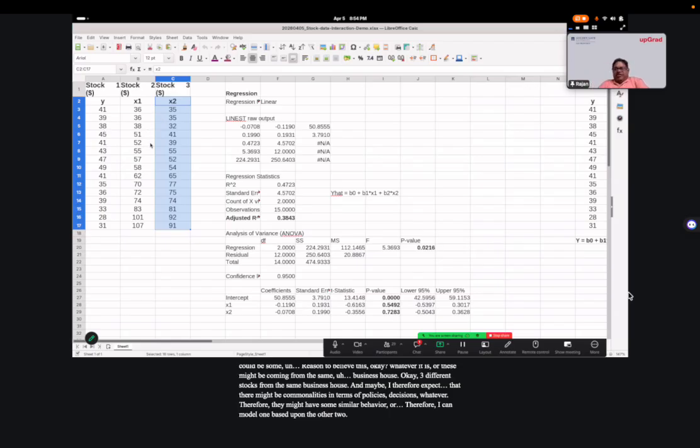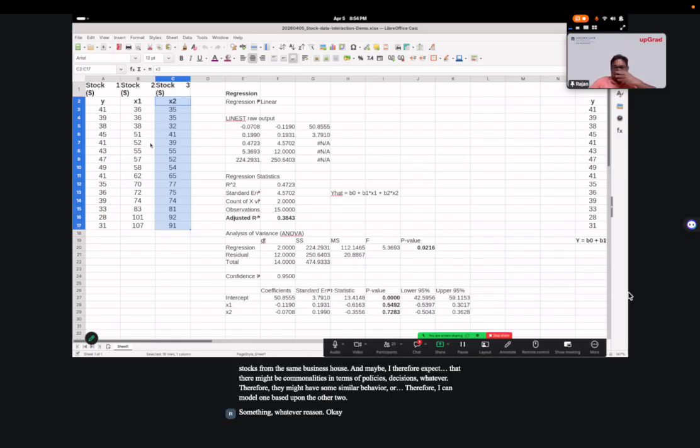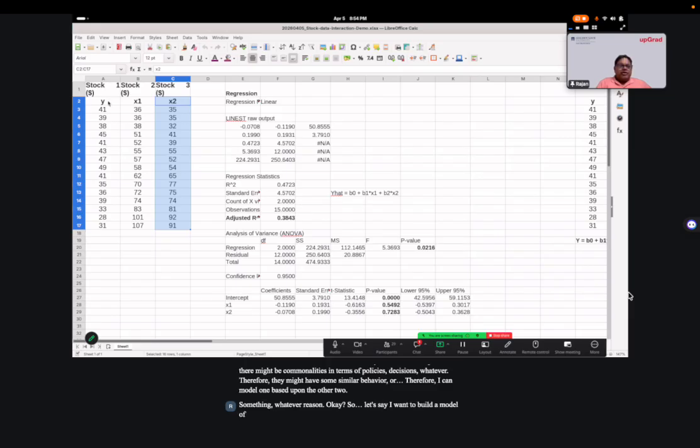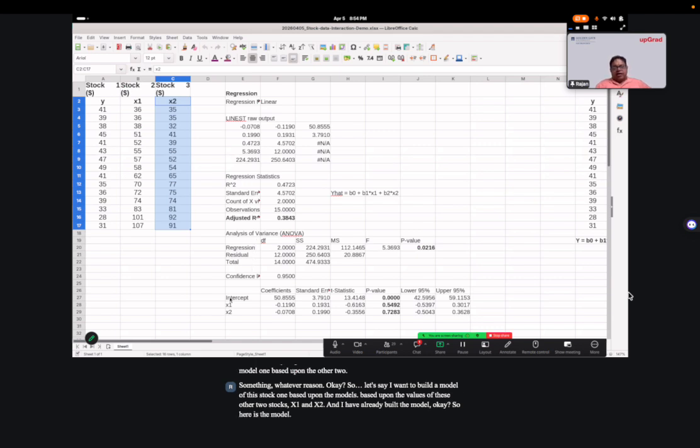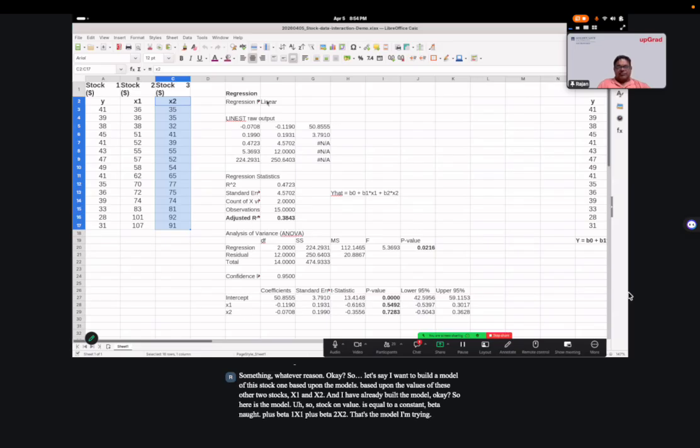Whatever the reason, let's say I want to build a model of stock 1 based upon the values of these other two stocks, X1 and X2. And I have already built the model. So here is the model. Stock 1 value is equal to a constant beta naught plus beta 1 X1 plus beta 2 X2. That's the model I'm trying first.